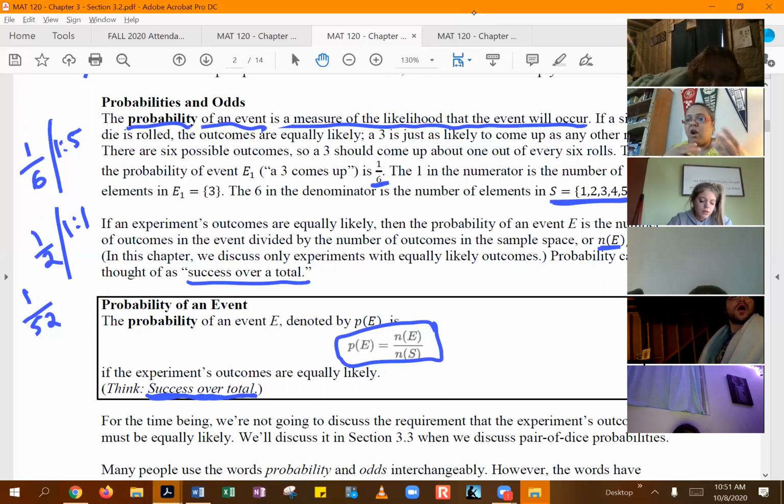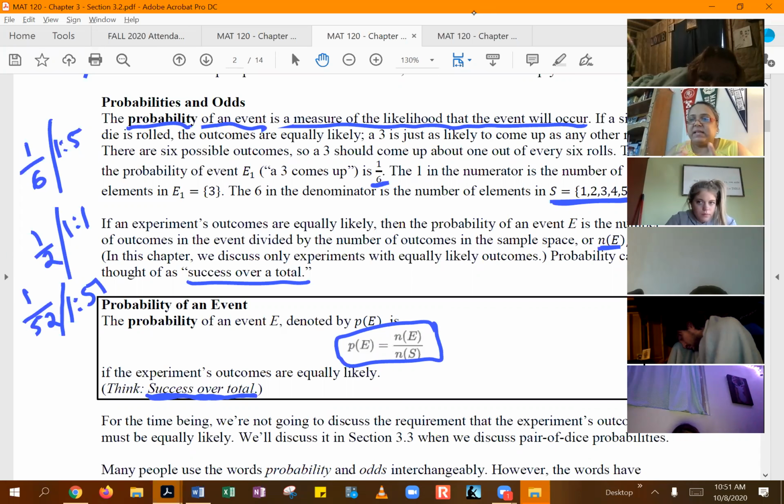With the deck of cards, let's say we want to know what are the odds that you will get a 3 of hearts. Well, there's only one card in the entire deck which is the 3 of hearts, which means there's one chance of success, but then we have 51 chances of failure, right? Because those 51 cards will not be a 3 of hearts. So your odds would be 1 to 51.